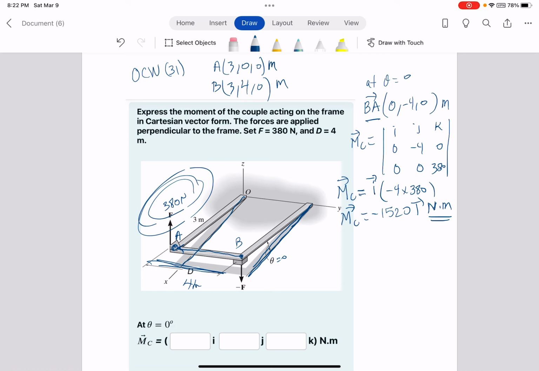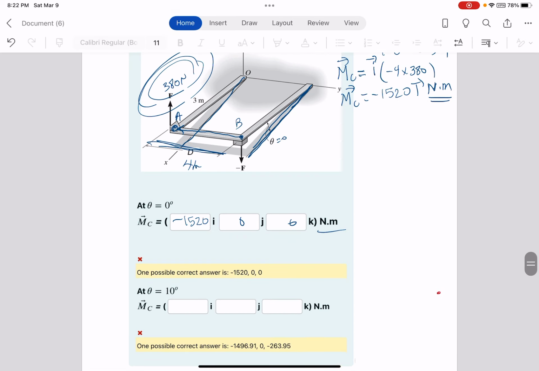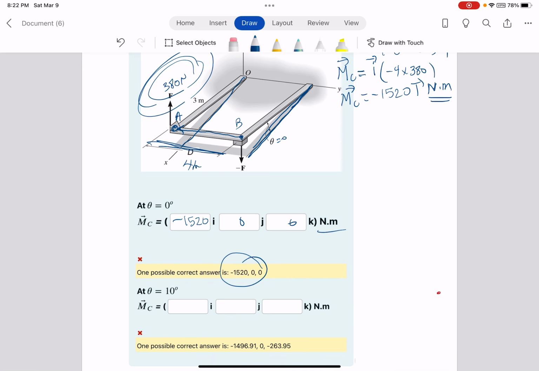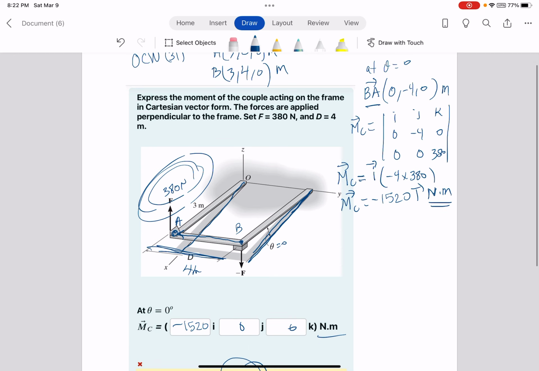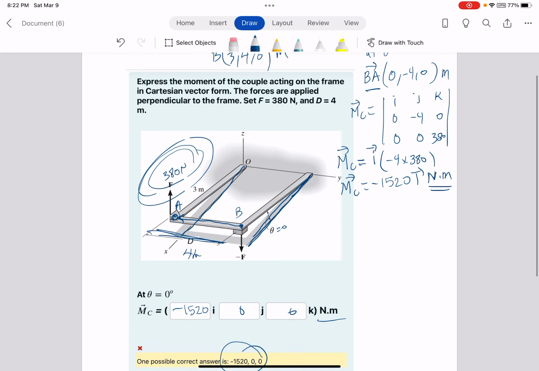So we put minus 1,520 in the I, 0 here and 0 here, and that is the answer for that problem.